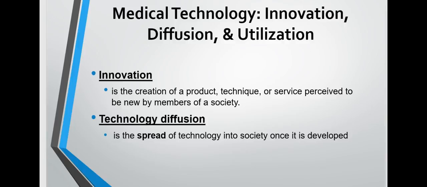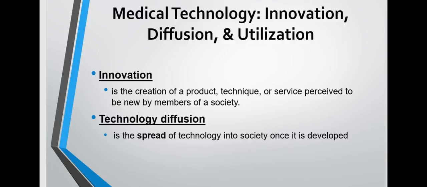So the next topic I want to touch on is medical technology in relation to innovation, diffusion, and utilization. So we have innovation, which is actually the creation of a product, technique, or service perceived to be new by members of society. Technology diffusion is exactly what the term means.